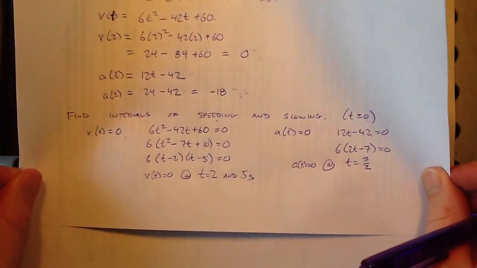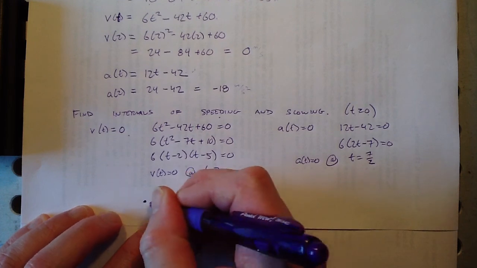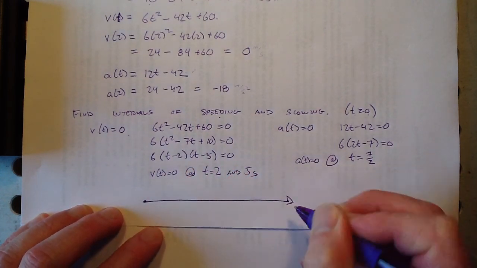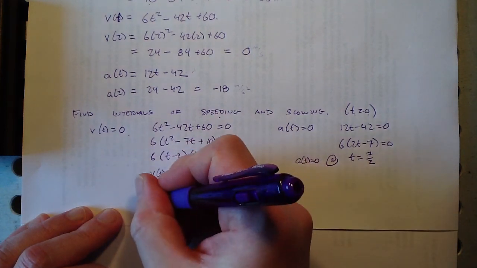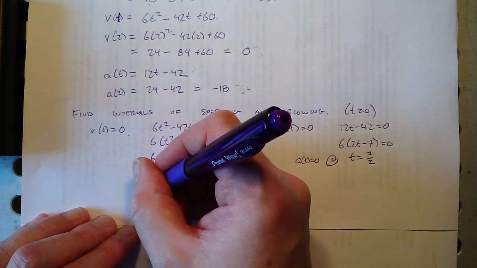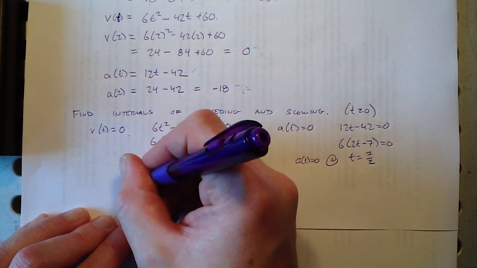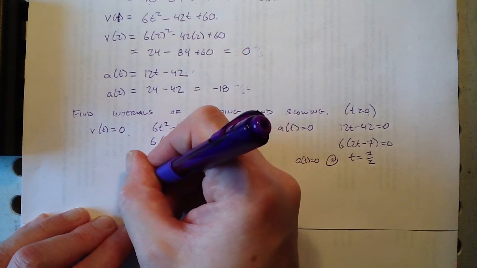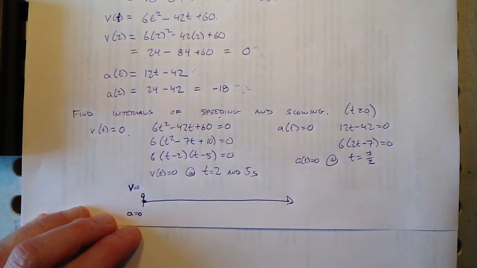Okay, so I'll show what I mean by the double number line. I didn't put an arrow on this end because we're starting at 0 and I don't care about anything below that. So here's time 0. On the top of the number line, I'm going to put places where velocity is equal to 0, and on the bottom of the number line, I'll put places where the acceleration is 0.